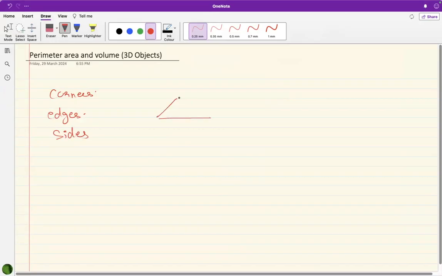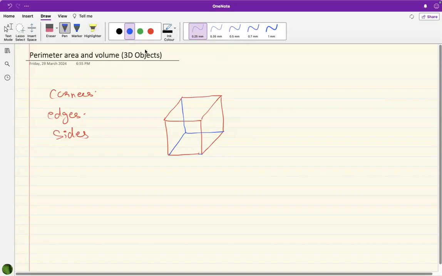If we talk about this 3D shape, how many corners we have, how many edges we have, how many sides we have? 8 corners? 8 corners, correct.